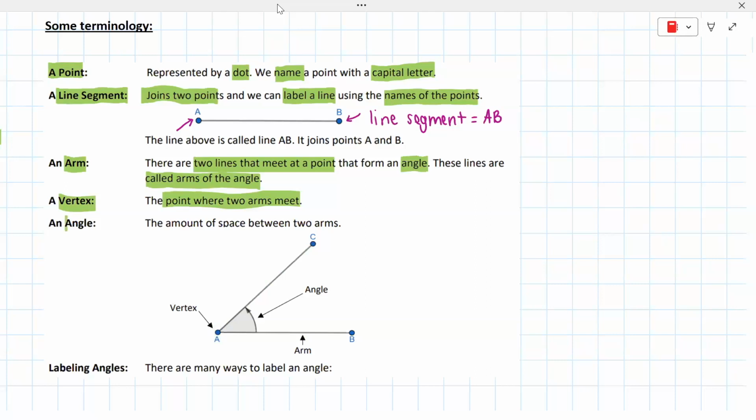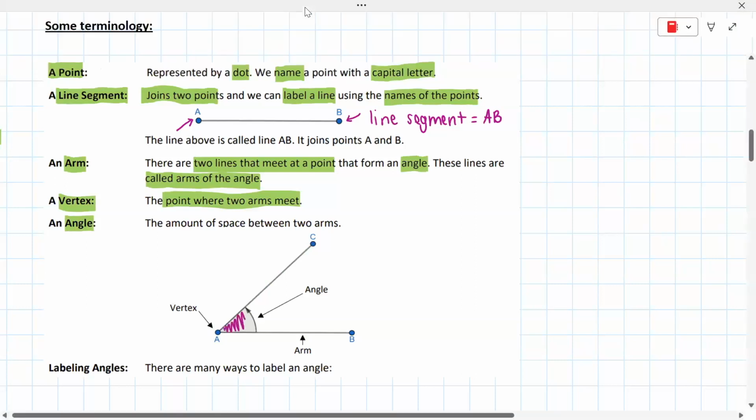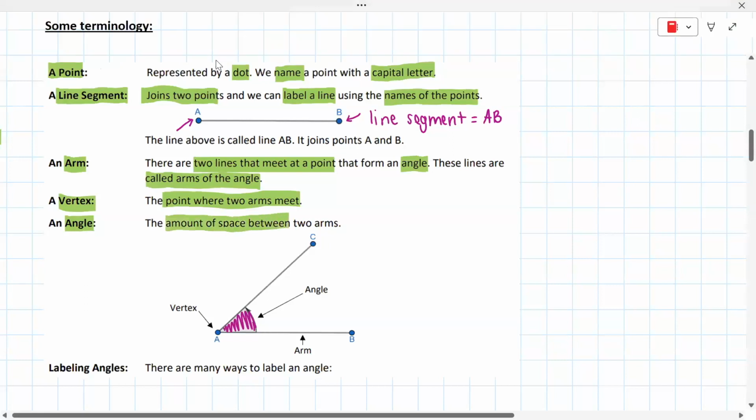The really important one here is the angle, and I've already essentially explained this, but it is basically the amount of space that exists between two arms. So when we have these two arms of an angle, the amount of space between them is the angle, or the size of the angle. These are the important words that we need to know.